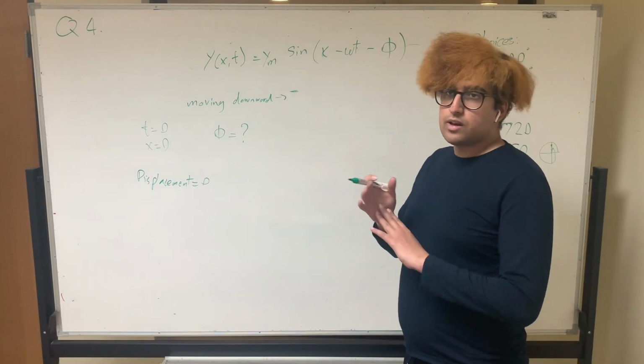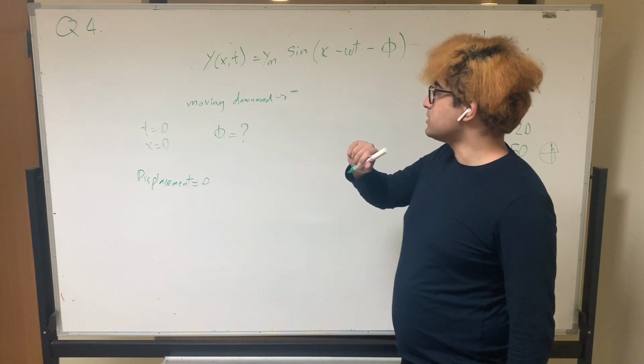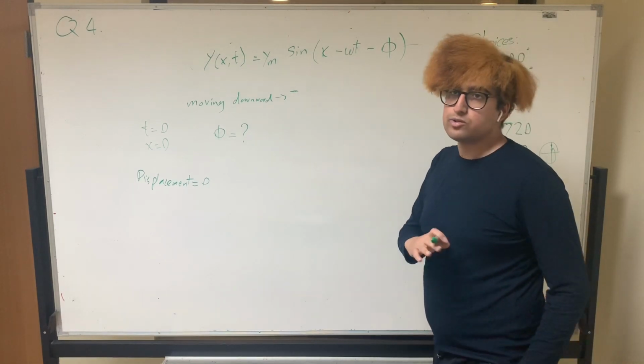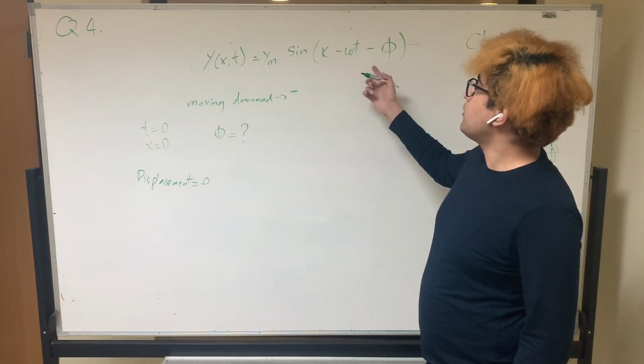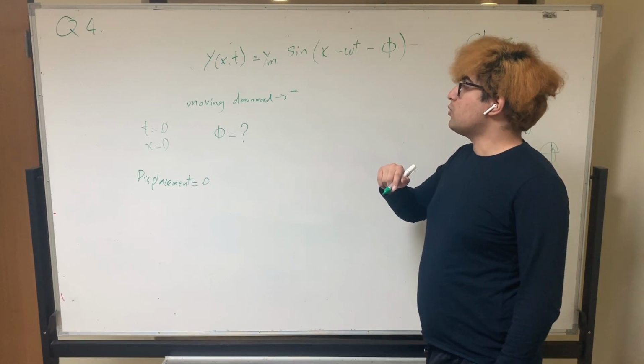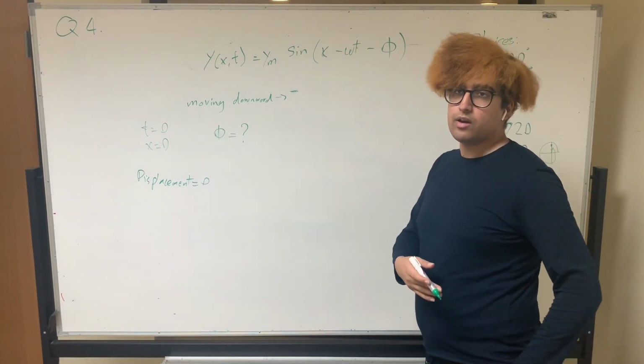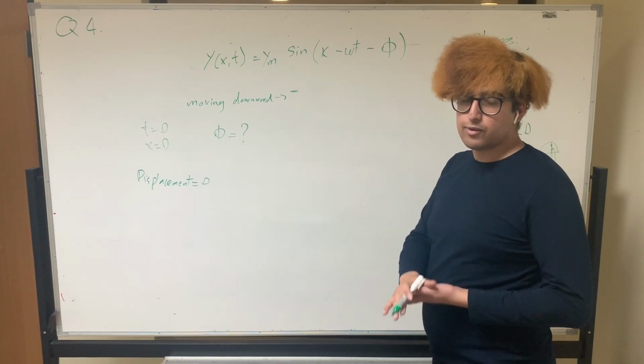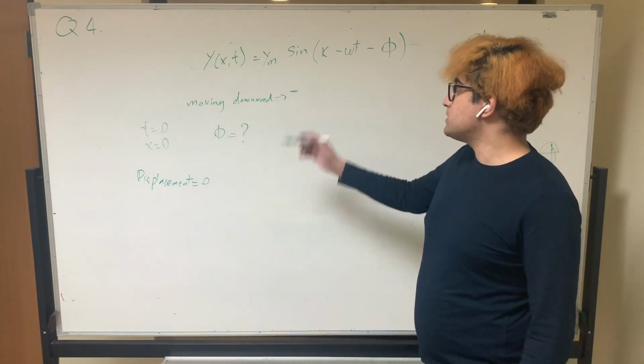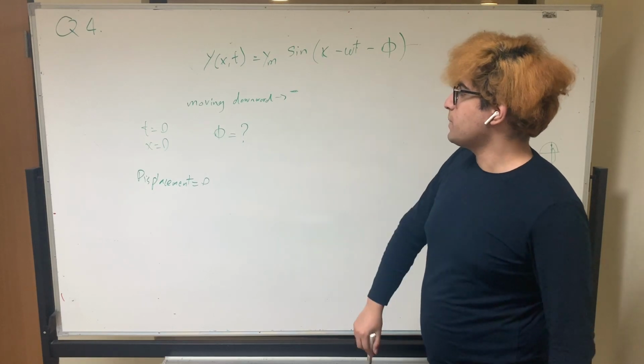This is very important to understand because we're given the equation of the particle. So if we're given the equation of the particle, then we are also implicitly given the velocity equation, which is just the derivative of the equation of the particle.